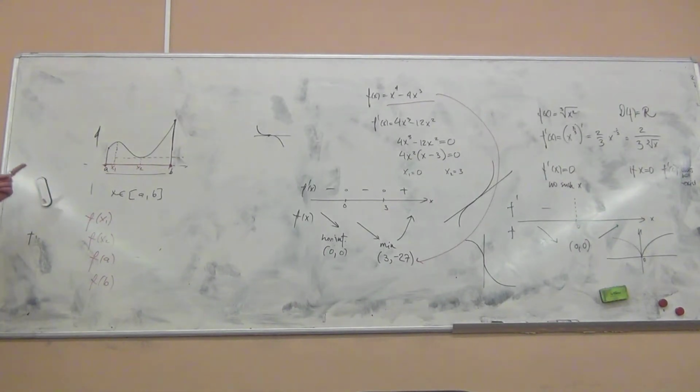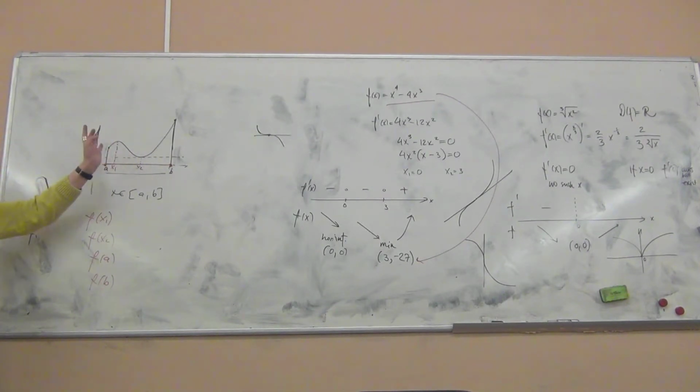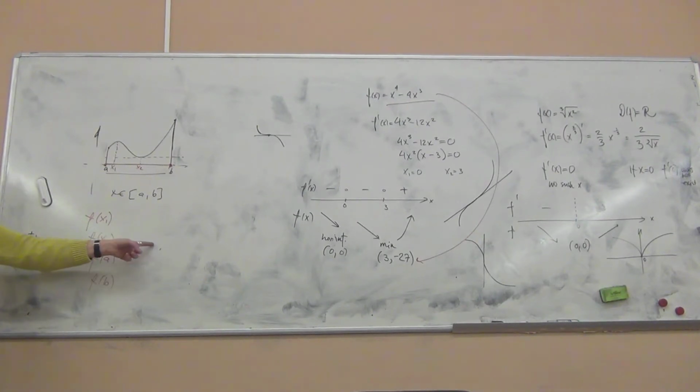In this case, we are simply interested in the greatest possible function value in this segment, the least possible function value in this segment. So I don't care whether this is a minimum or maximum point. I only care about the values of the function. And so I simply check these values and I pick, oh, this is the greatest one, this is the least one, and I'm happy.